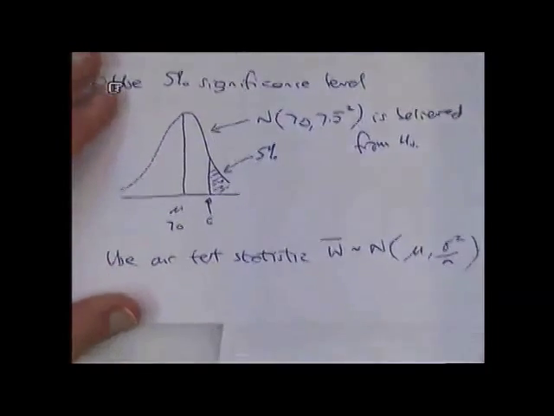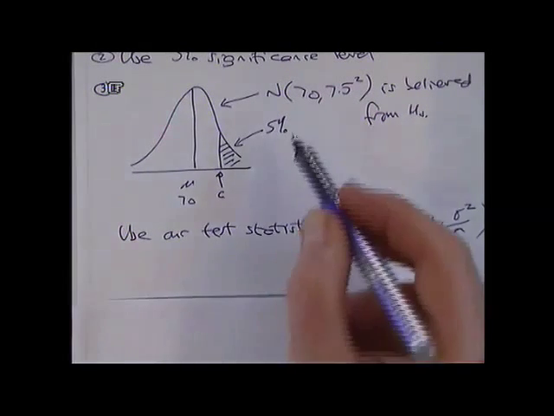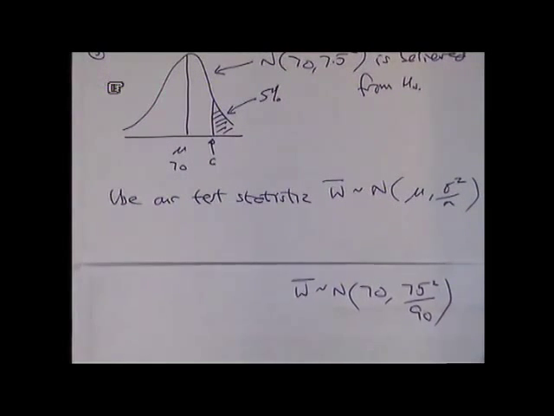It's the distribution of the sample means. So our W bar is going to be distributed normal with mu, which is 70, and sigma squared, which is 7.5 squared, divided by n, how many people were in our sample, and that was 90. So that is the distribution of W bar.